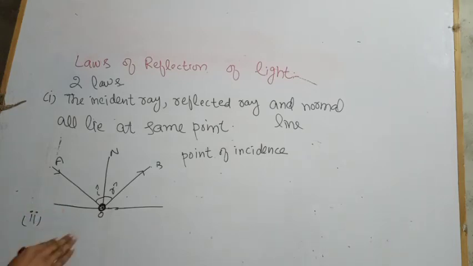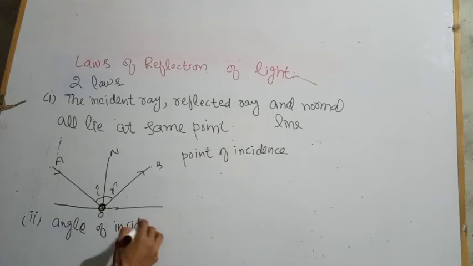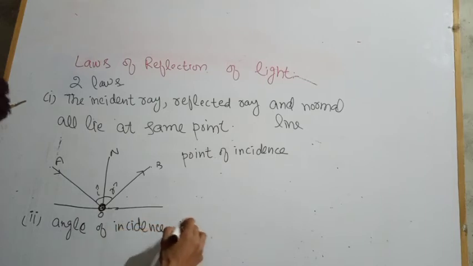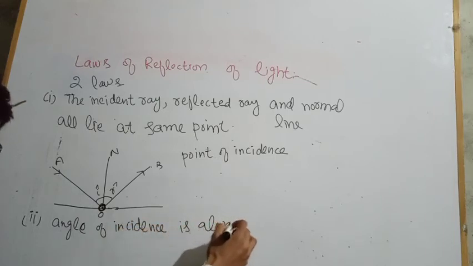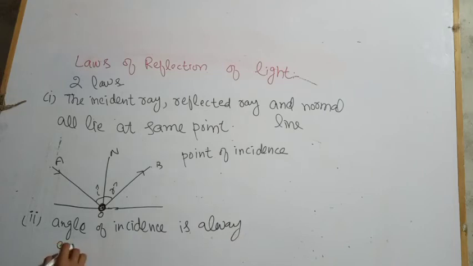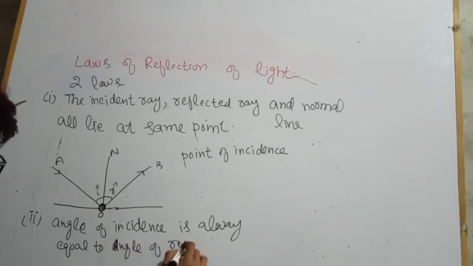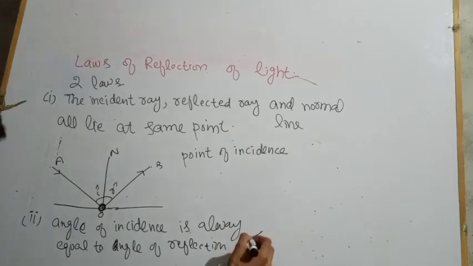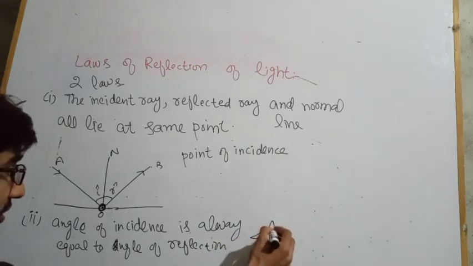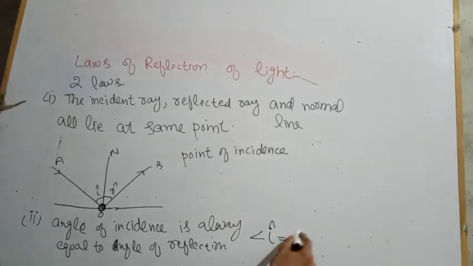The next law states that the angle of incidence is always equal to the angle of reflection. Meaning to say that the angle of incidence is equal to the angle of reflection.